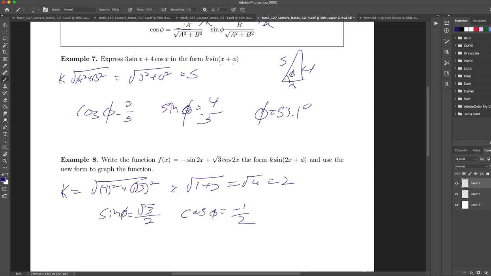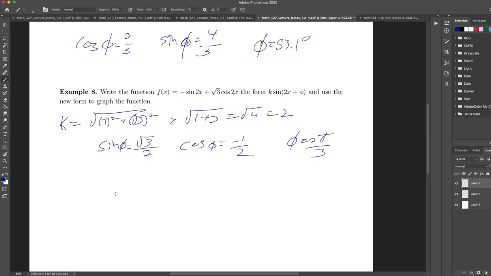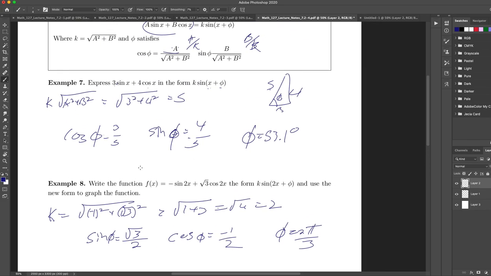And so here I'm just going to take the inverse cosine, because that will produce a quadrant 2 number. I plug that through a calculator, or just do it in my head, or however you want to figure it out. And that's going to produce that phi is equal to 2 pi over 3. And so here we can write this out. Oops, I never finished this, did I? Let me write this in the form.